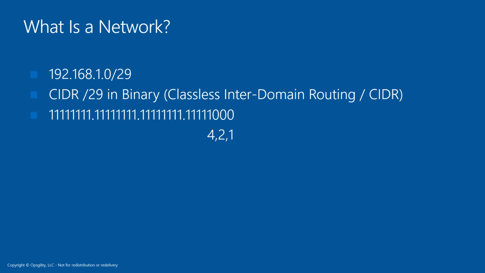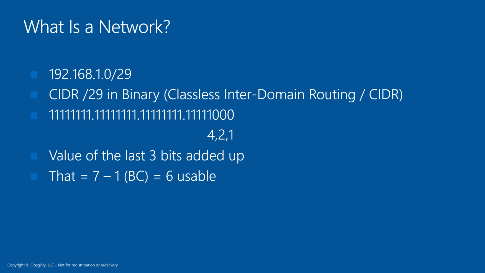This has to do with the mask, the subnet mask, the thing that masks out the hosts from the networks. So all the numbers have to be contiguous. You have to have all ones in a row or all zeros in a row or a combination. It can't go 1 0 1 0. And if we add up the values 1, 2, and 4 underneath our 3 zeros, we come up with 7. So we add up those last 3 bits.